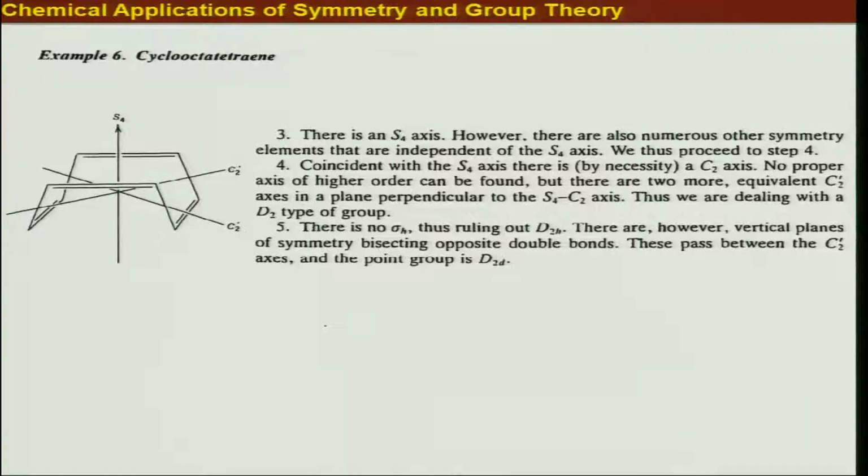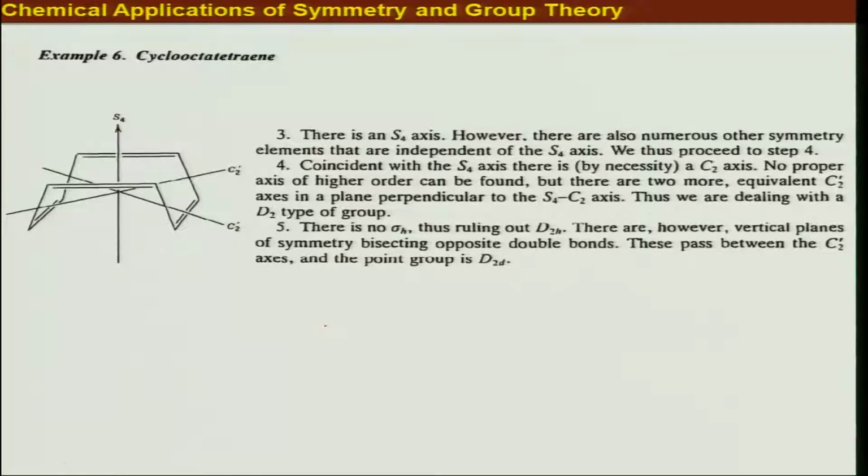So, let us move on to another molecule which is cyclooctatetraene. Now, you see in the previous example as well as this current example, it is very vital to know the structure, and that is why in one of the previous classes I mentioned that in order to find out the point group, the first thing you have to do is find out the structure or the shape of the molecule.